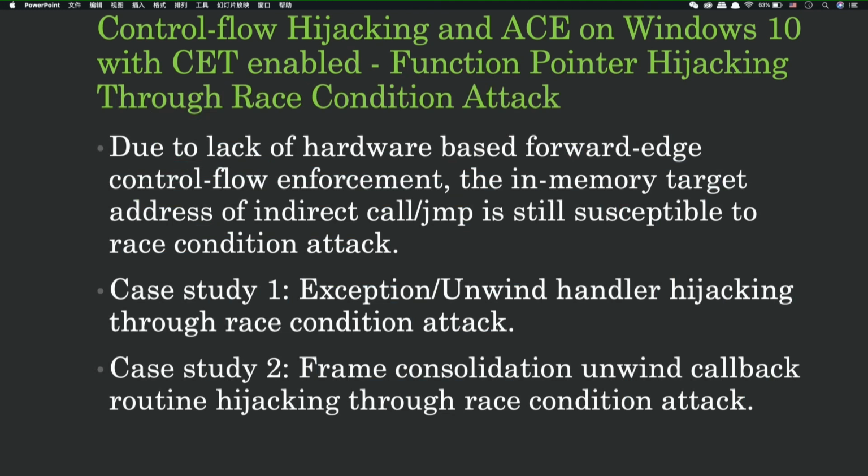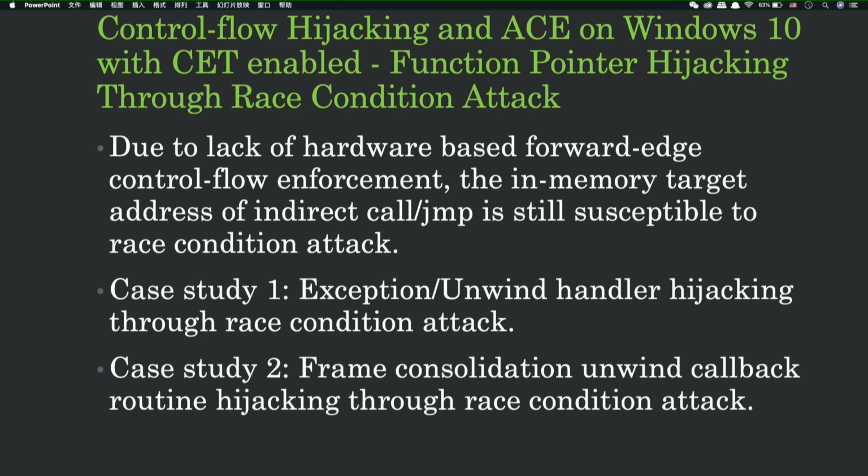And next, let's see something harder. It's about function pointer hijacking through a race condition attack. Because, as Chong has mentioned, due to the lack of hardware-based forward-edge control flow enforcement, the IBT, the in-memory target address of indirect call and indirect jump is still susceptible to the race condition attack.